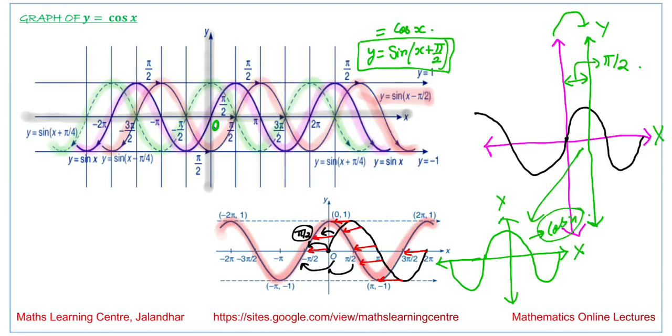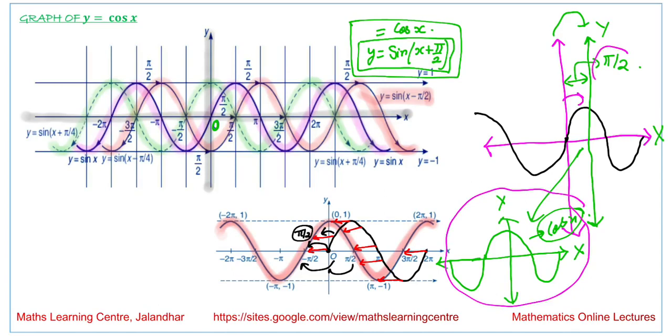So you can see it in either way: y is equal to sine of x plus pi by 2, shifting the graph towards the left by an amount of pi by 2, or you can see it in this form, that we have shifted the axis towards the right by an amount of pi by 2, and we obtain the graph of cos of x.